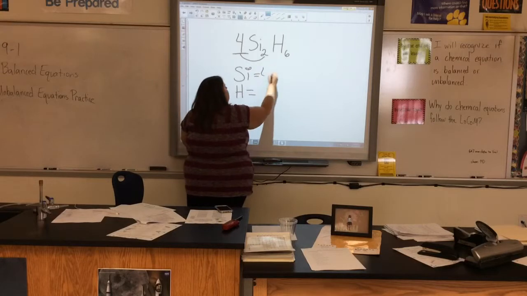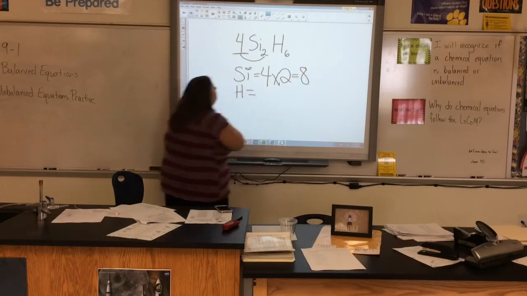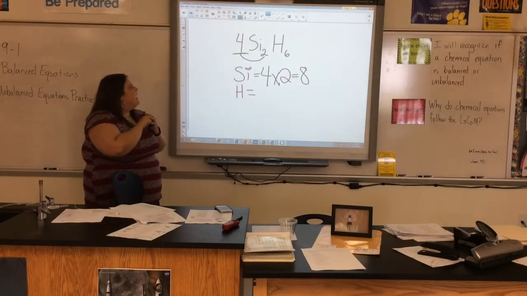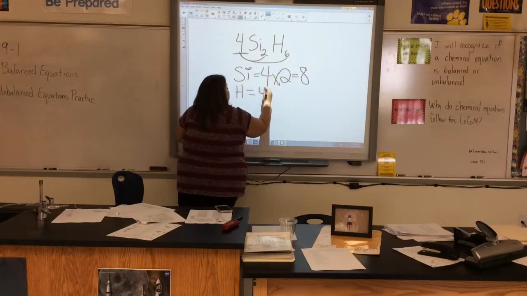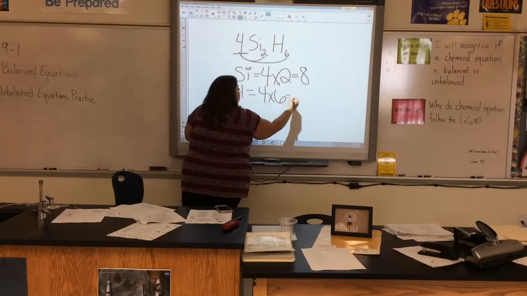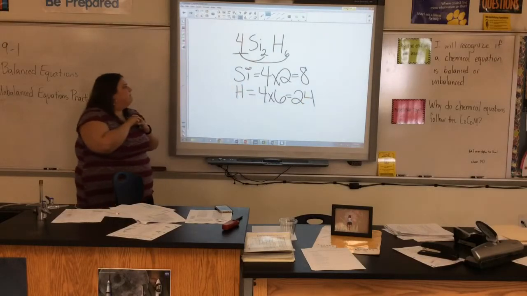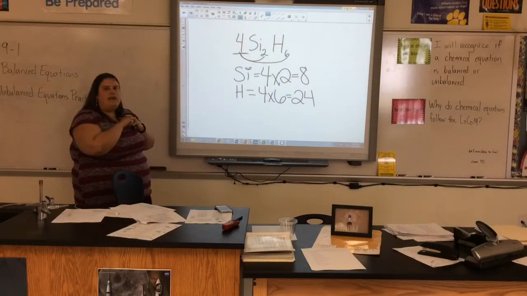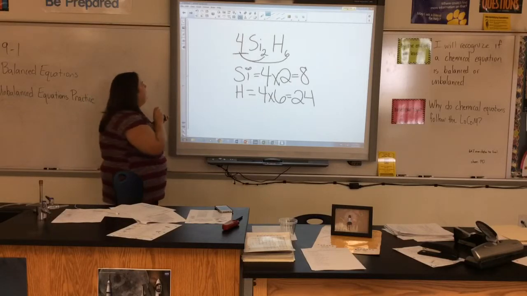So 4 times 2 equals 8. For my hydrogen, I have a coefficient of 4 and a subscript of 6. So 4 times 6 equals 24. Okay, so that's all I have to do. I'm just listing how many atoms are for each element there.